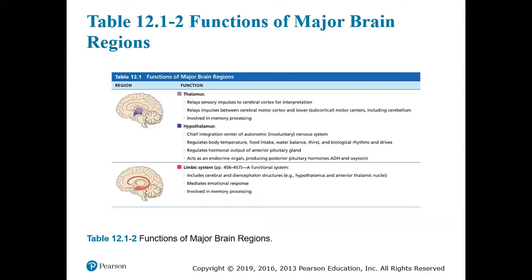Then we are in the limbic system. As I told you before, when you think limbic, boom, emotional: it mediates emotional responses, and I said it is also involved in some memory processing. This is your limbic system.